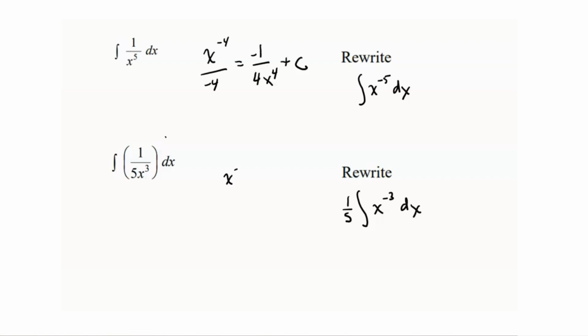And don't forget, we had the 1/5 that we had factored out. So this would be negative 1/10 over x squared plus C.